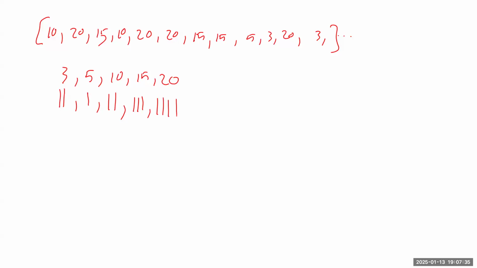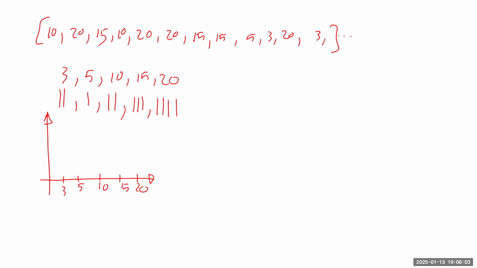And I will plot a graph for this frequency. I will make a graph where the x-axis has those numbers: 3, 5, 10, 15, 20. And the y-axis is the frequency of occurrence of those values.